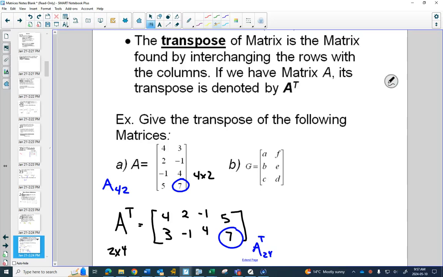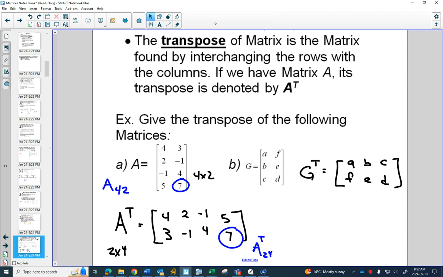So same thing in our second one. The transpose of this one, we'd have A, F, B, E, C, D. Just switching your rows and columns. You need the transpose for some higher level proofs, but we really don't use it very much.